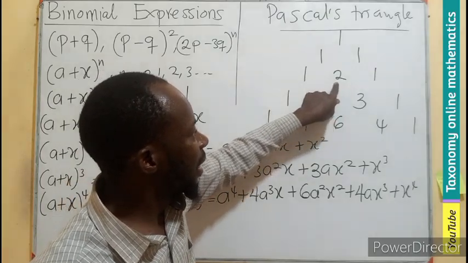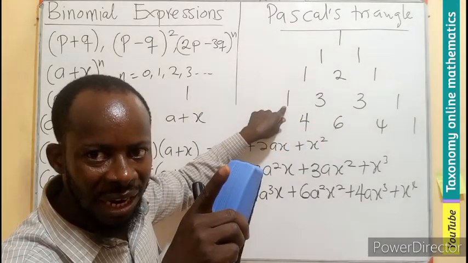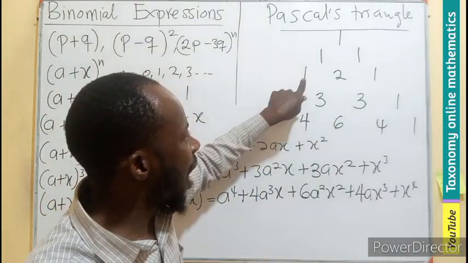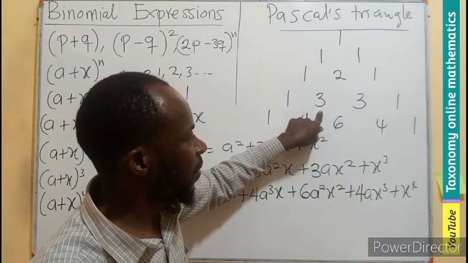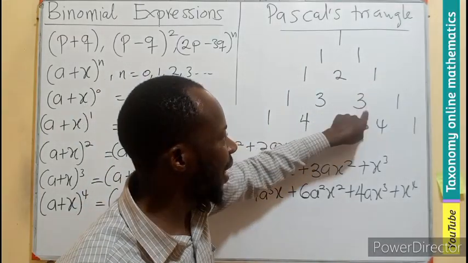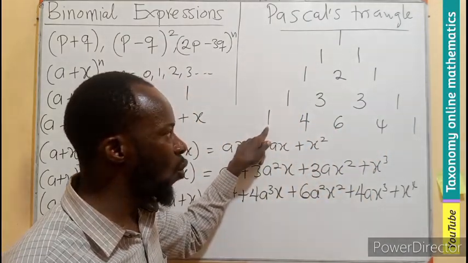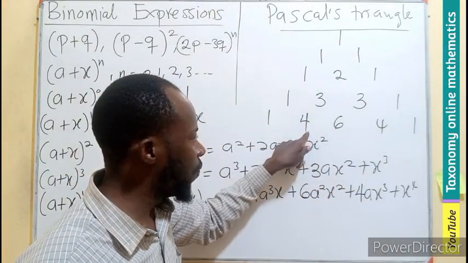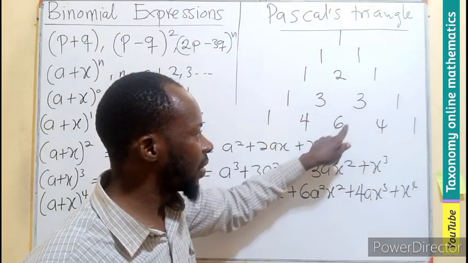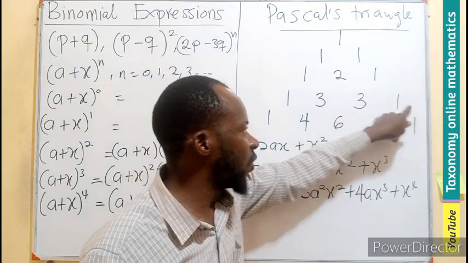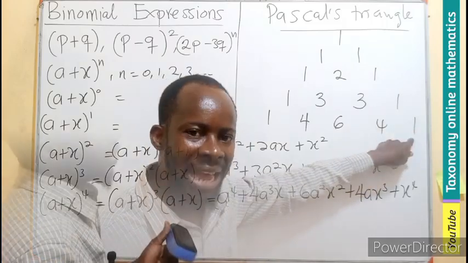If I'm here, the first will be 1, which is the leading coefficient. So I'm going to have 1 plus 2, 3. 2 plus 1, 3. The extreme, 1. Here, the extreme will be 1. 1 plus 3, 4. 3 plus 3, 6. 3 plus 1, 4. The extreme.